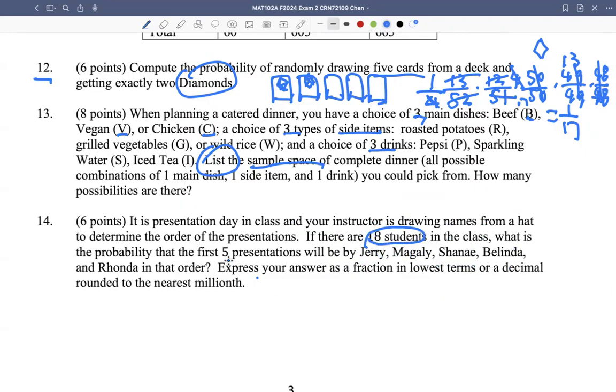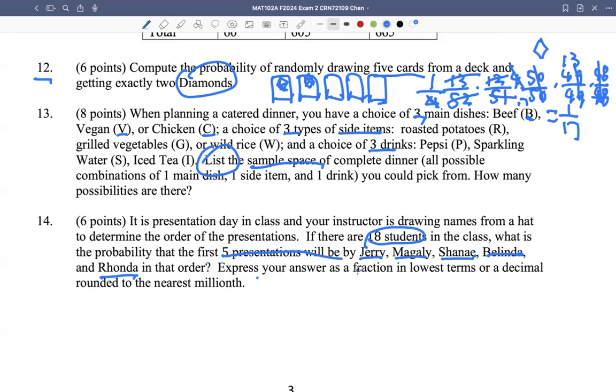He wants to choose 5 presenters first. So the first 5 will be Jerry and these 5 people. So of the 18, these 5 are already chosen. So 13 remain, so we just have to permute the rest of the 13.